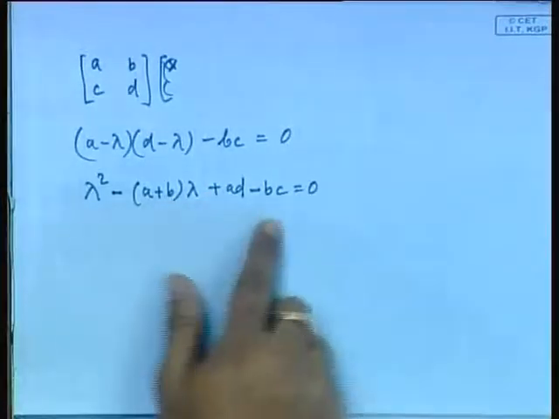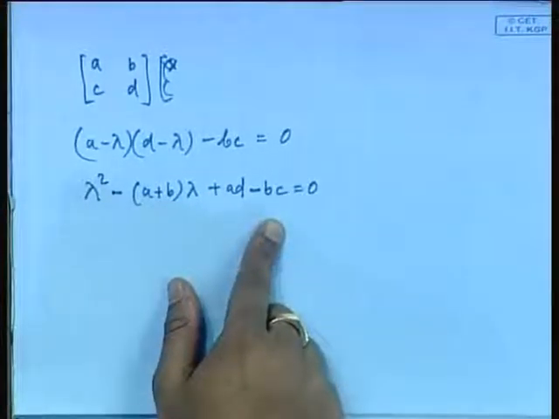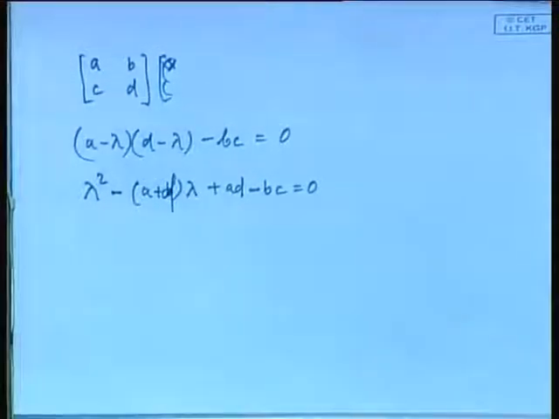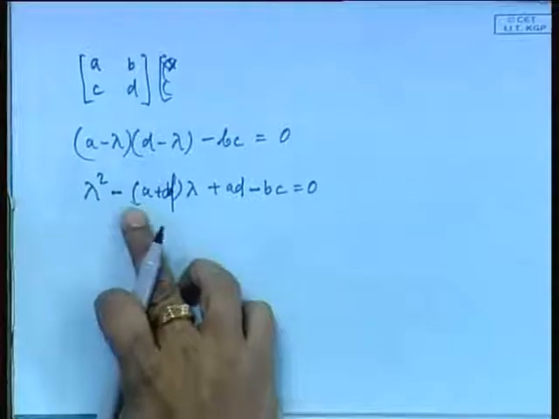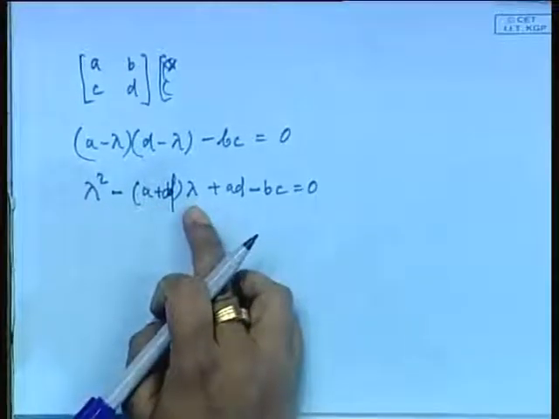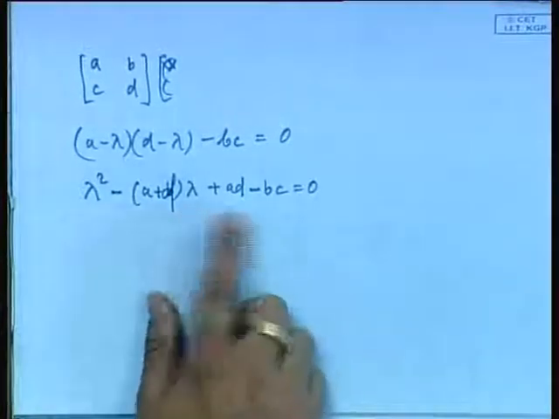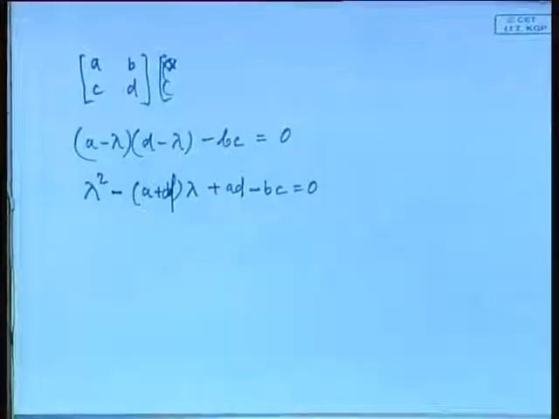So this equation has two roots, lambda 1 and lambda 2, and what is the sum of the roots? a plus d is the negative of the coefficient of lambda. It's a very simple fact about quadratic equations. So in this way you can prove it for the quadratic case, and you can prove it actually for the general case. You can show that even for an n cross n matrix, the sum of the diagonal entries is equal to the sum of the eigenvalues.